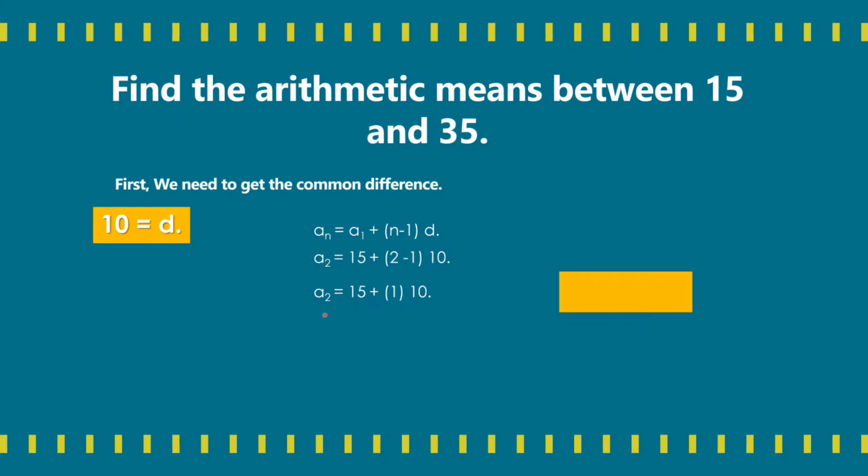A sub 2 is equal to 15 plus, 2 minus 1 is 1, times 10. 1 times 10 is 10. So our equation is a sub 2 is equal to 15 plus 10. If we add 15 plus 10, a sub 2 is equal to 25.